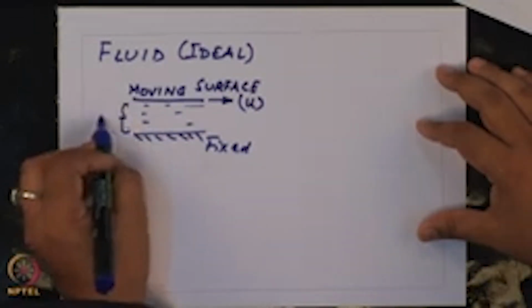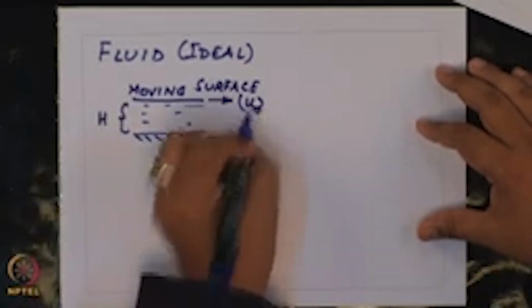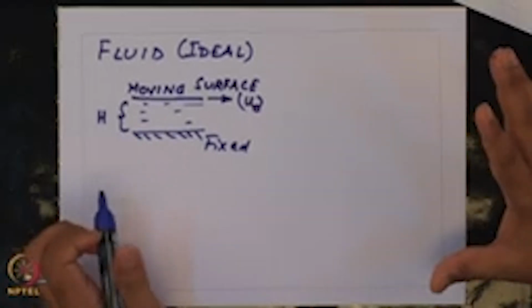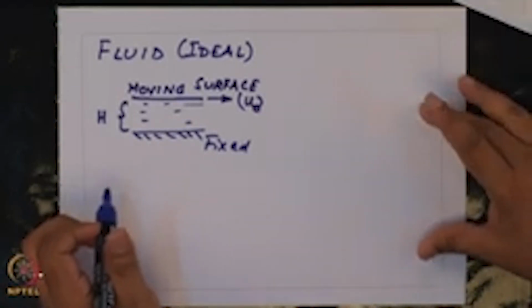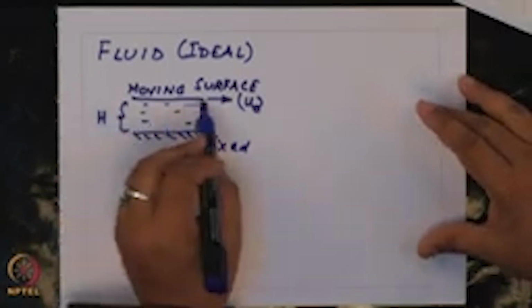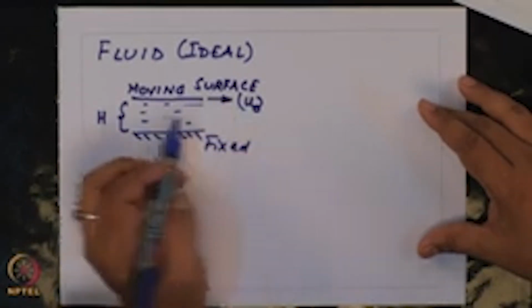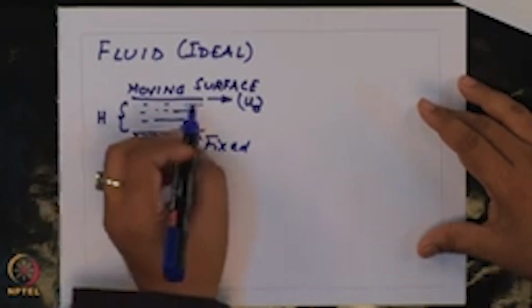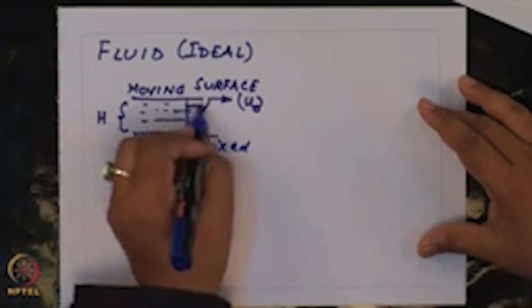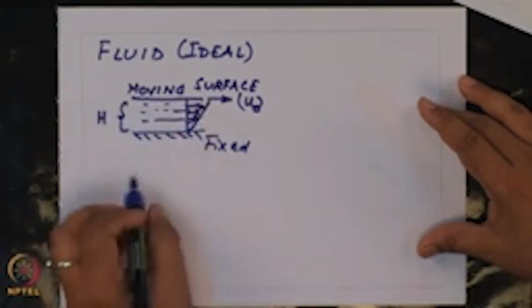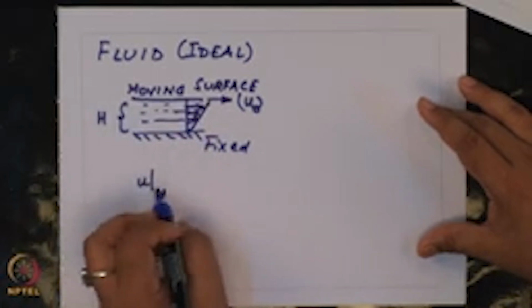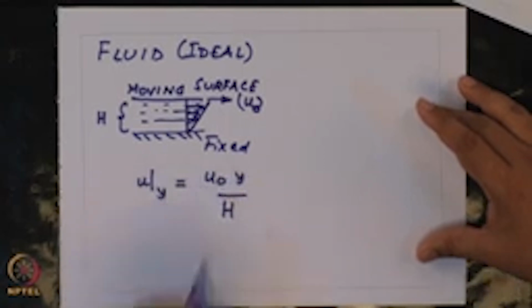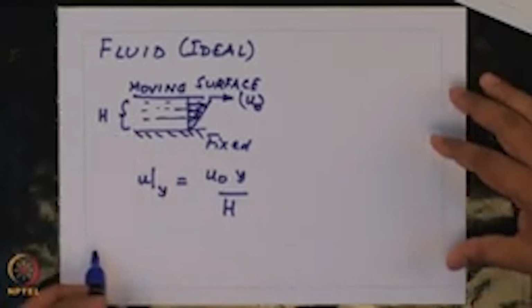So, if this height is h, and let us say the top speed is u naught, it can be shown that for ideal fluids you will have a velocity profile. So, when you pull the top surface at a speed of u naught, the fluid particles of all the layers will keep on moving, and you will get a flow profile which is linearly increasing. Okay. So, your flow profile u at a height of y will be given simply as u naught into y by h.